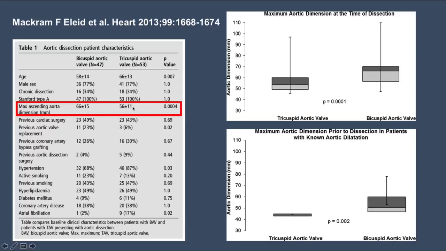I think this is a surprising result, but it's been reproduced a couple of times now. In this study, the size at the time of dissection for those with BAV was 6.6 centimeters, and for the tricuspid aortic valve, it was 5.6 centimeters. So this would suggest that we don't need to be more aggressive with our threshold recommendations.